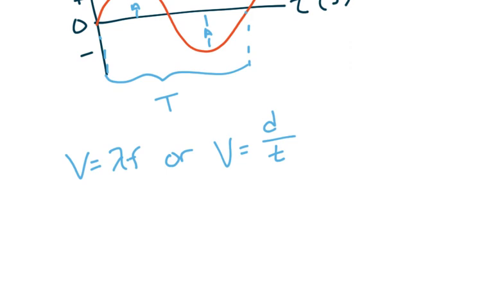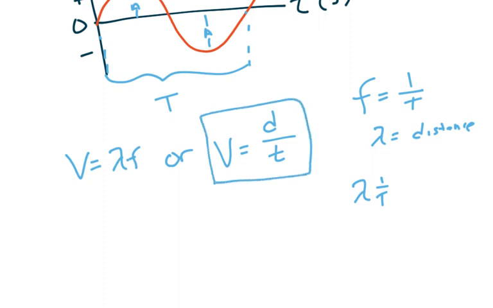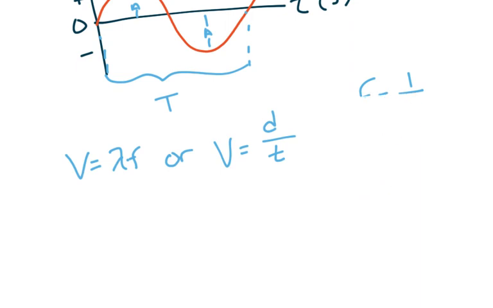The reason this works is because frequency is 1 over the period. Wavelength is equivalent to a distance. So if I did the wavelength times frequency, which is 1 over period, I actually get this equation. Okay, so you don't want to be a slave to the equations. You need to look at the information that you are given in the problem.